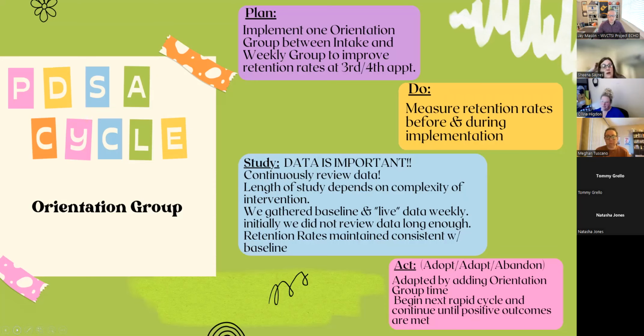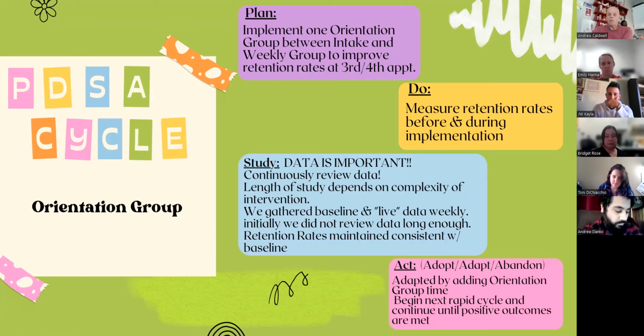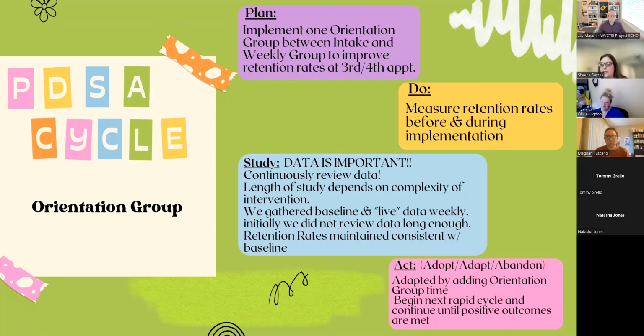But we were looking at the data, and to begin with, we just looked at 4 weeks of data, a month's worth of data, and we were like, oh my gosh, this is working out great. We are doing an awesome job. Retention rates are going up. And then we realized we needed to look at it for a couple more weeks.